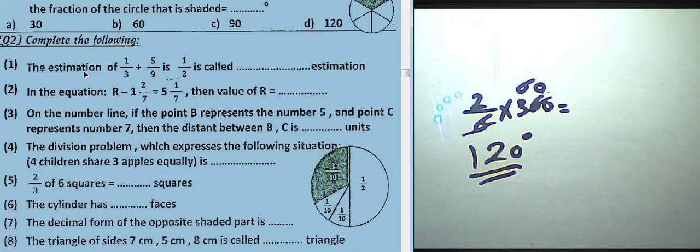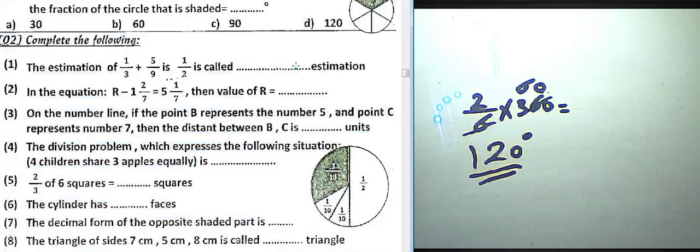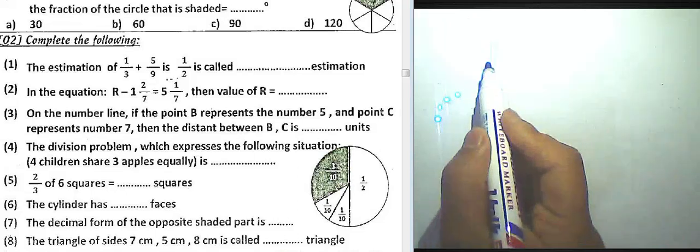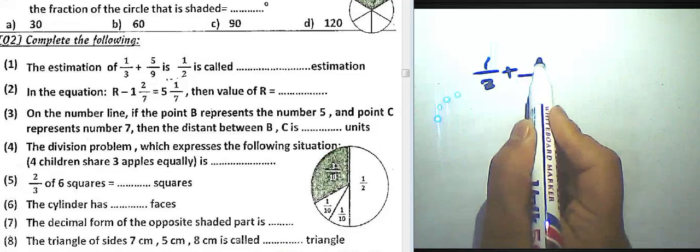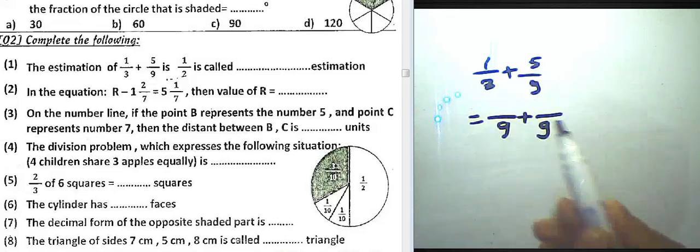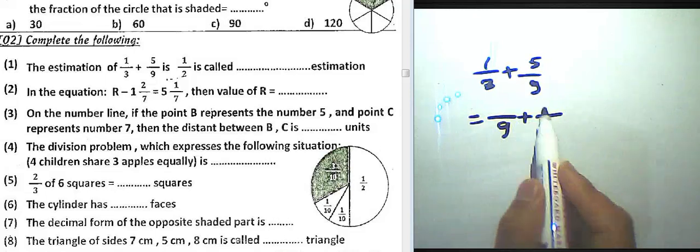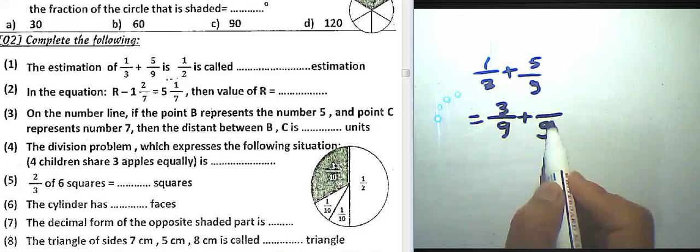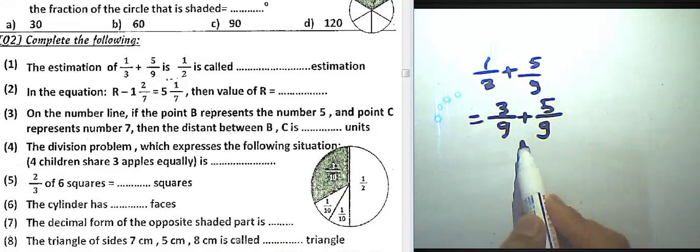Question number 2. Complete the following. The estimation of 1 over 3 plus 5 over 9 is half. It is called what estimation? Asked about overestimation or underestimation here. We must compare between half and the actual number. We know 1 over 3 plus 5 over 9. We can write here the common denominator between 9 and 3 equal 9. 9 divided by 3 equal 3 times 1 equal 3. 9 divided by 9 is 1, 1 times 5 equal 5.